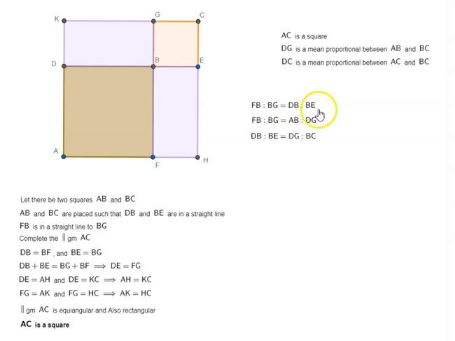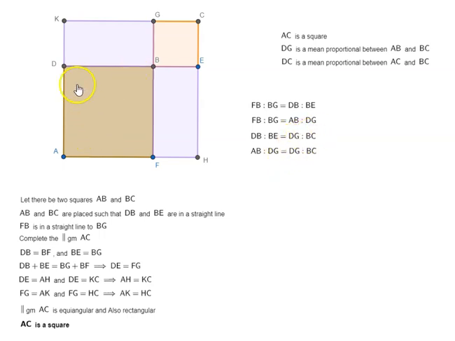Let's look at the first statement. FB is to BG equal to DB is to BE. Now FB is to BG is equal to AB is to DG. So let's substitute this. Similarly, DB is to BE is equal to DG is to BC. So that means we can say AB is to DG is equal to DG is to BC.